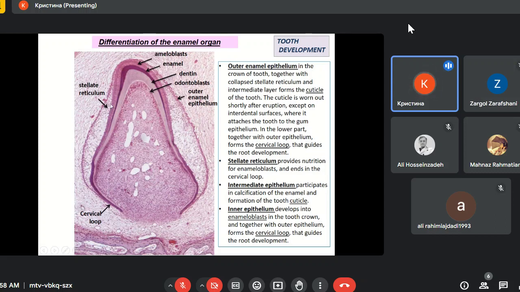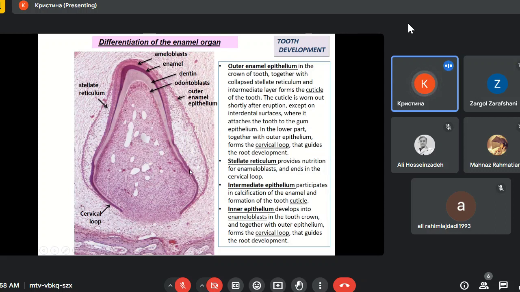The intermediate layer of the enamel organ participates in calcification of enamel during its formation and also forms the cuticle of the tooth. The inner enamel epithelium forms ameloblasts in the crown region, which produce enamel, but the inner enamel epithelium does not turn into ameloblasts in the region of the root of the tooth, because the root of the tooth should not contain enamel.